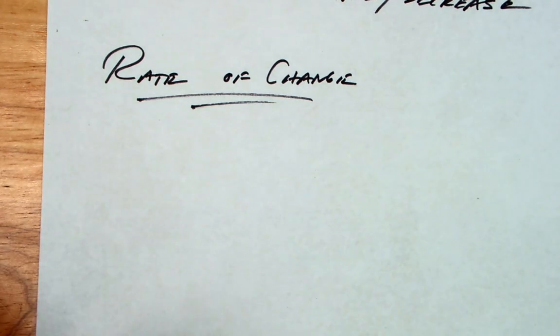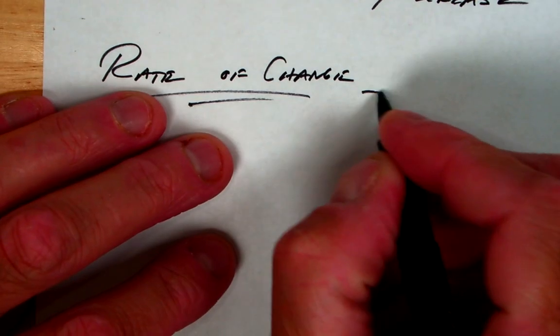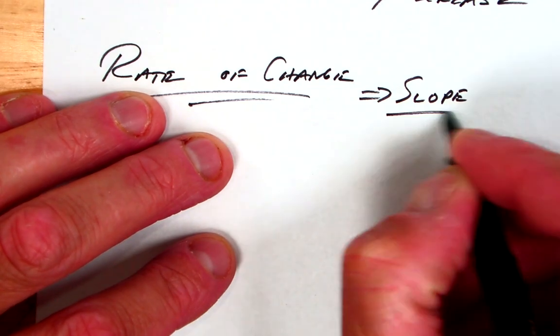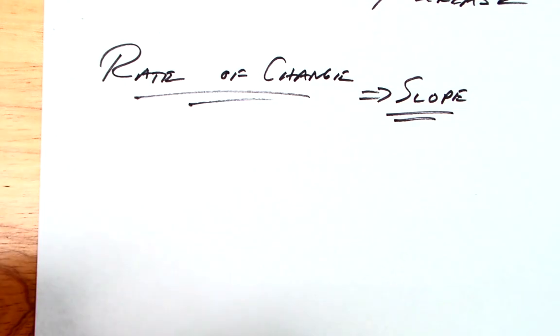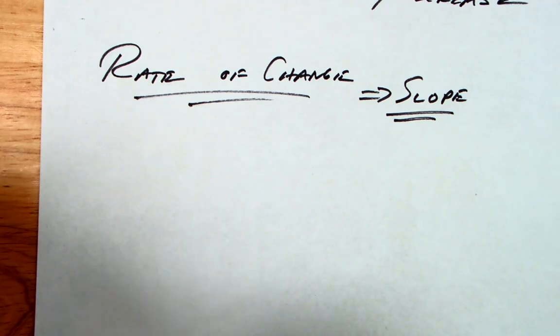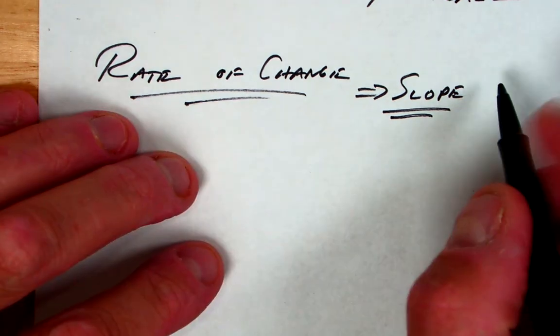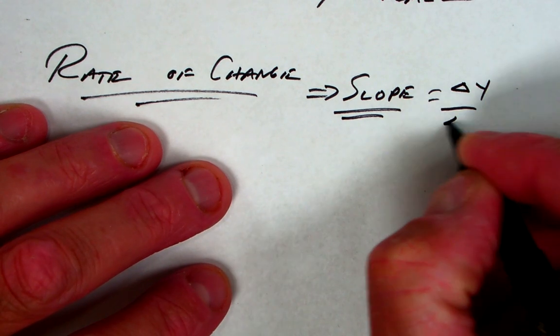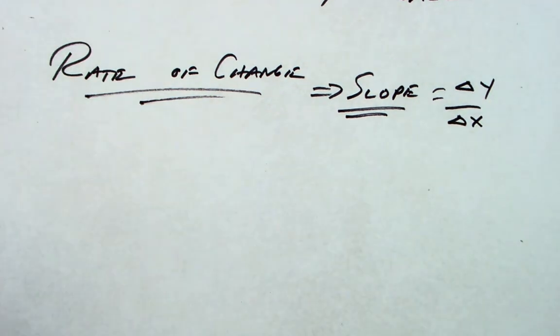Rate of change is honestly the one thing you can relate to before slope. Usually with slope it's the change in y over the change in x, or rise over run.